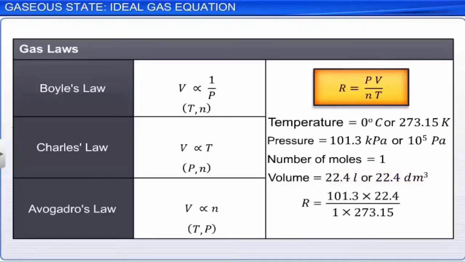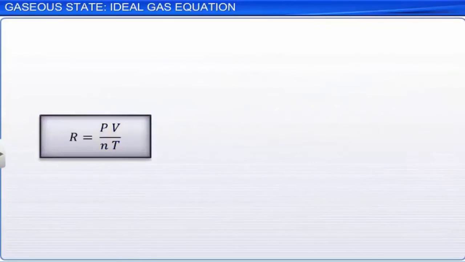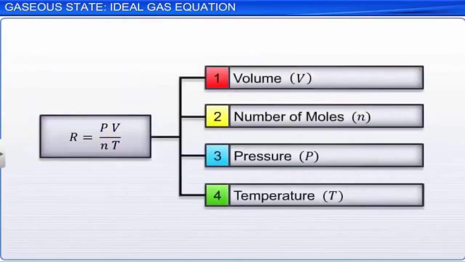We have learnt that ideal gas equation is a relation between 4 variables: volume, pressure, temperature, and number of moles of a gas.